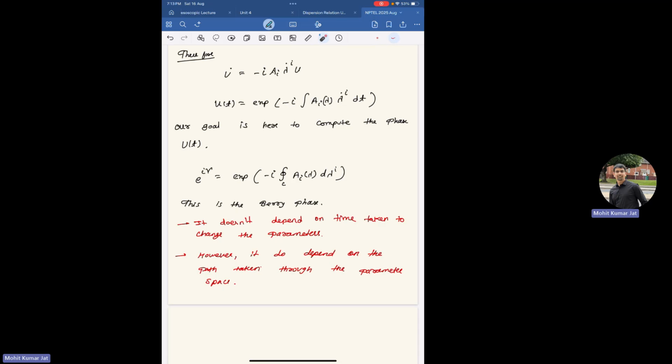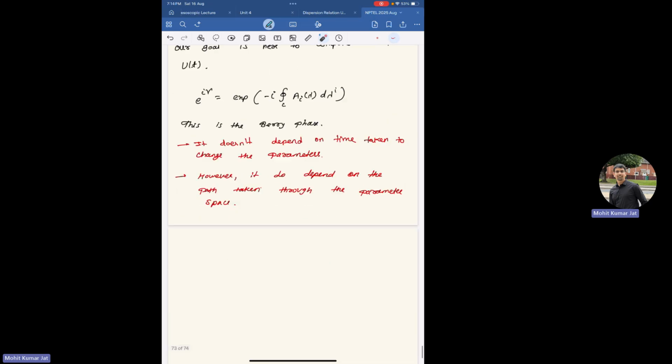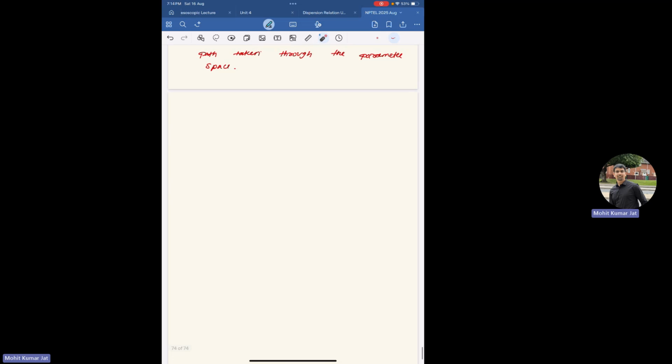That's what the Berry phase is. This Berry phase is eventually connected to the Berry curvature, and the Berry curvature gets connected to the conductance quantization sigma xy, and that's the role of the Berry phase. If this is clear to you, then we can move on to the next question.